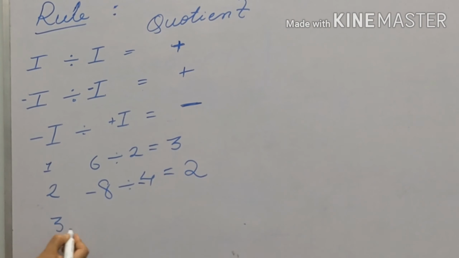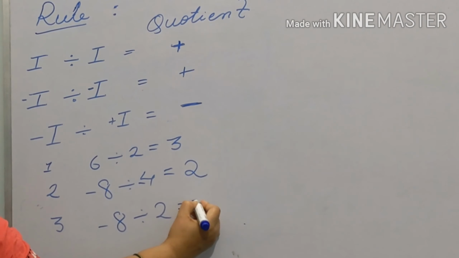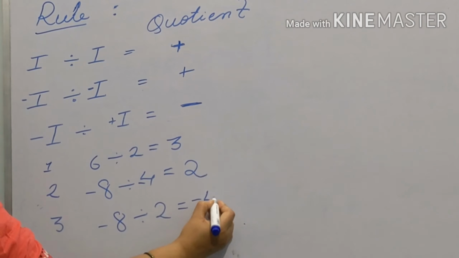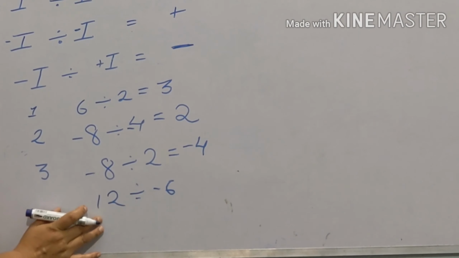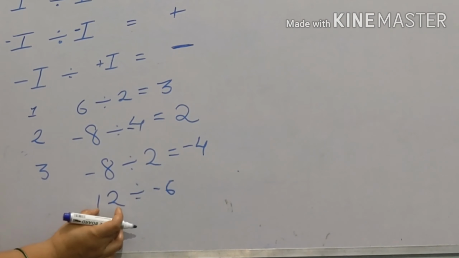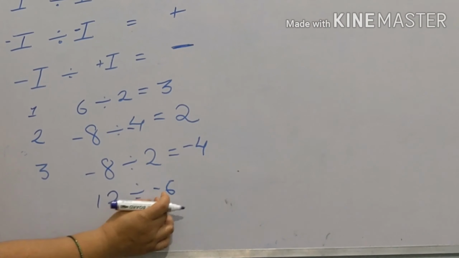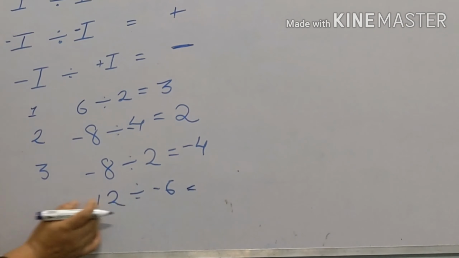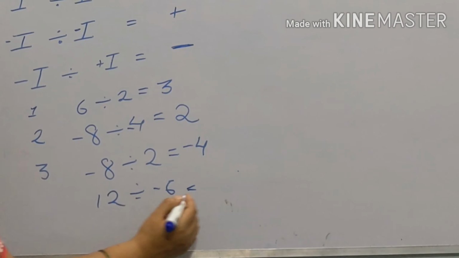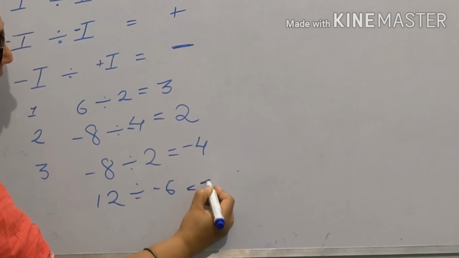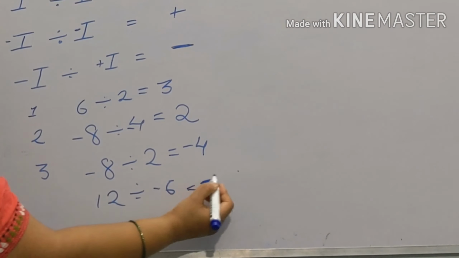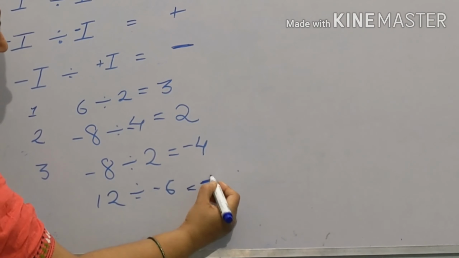Rule 3, when you divide a negative integer by a positive integer, the quotient is always negative. One more example, 12 divided by minus 6. It means positive integer divided by a negative integer. Because the two integers are with opposite sign, hence the quotient is always negative. And 12 divided by 6, answer is 2.